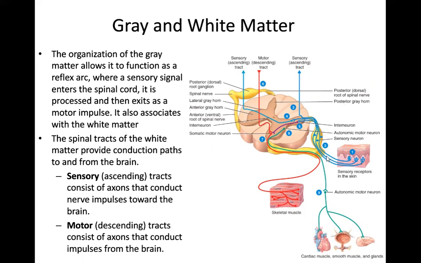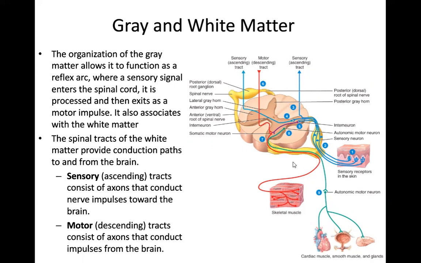Maybe it's that we're hot, maybe it's that we're cold, maybe it's pain. We carry that signal into the back of the spinal cord, into that posterior horn or dorsal horn, as we call it. We process it, which involves an interneuron, and then that triggers an action potential that goes out via a motor neuron from the front of the spinal cord out to our skeletal muscle.